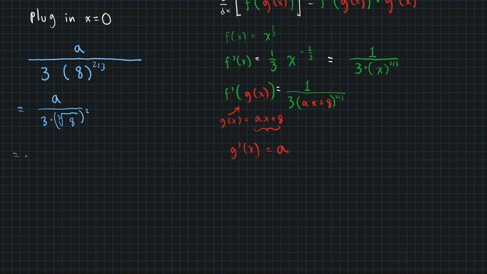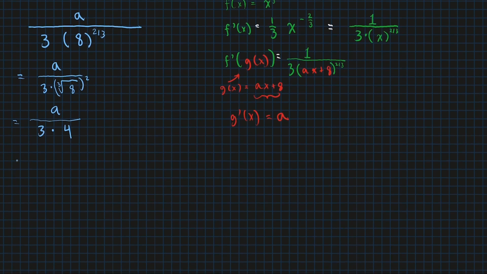The cube root of 8 is just 2. If we take that, we'll have 2 in our brackets, and then if we square the 2, we get 4. So 8 to the 2/3 power is 4. Cube root is 2, square the 2, we get 4. So what do we get? We get a over 12.